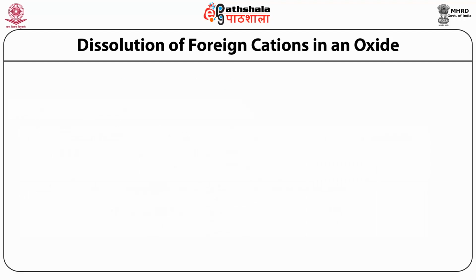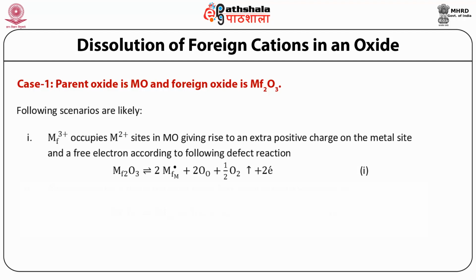Now comes the dissolution of foreign cations in an ionic solid. Let us take case 1. The parent oxide is MO and the foreign oxide is MF2O3. Now the following scenarios are likely.